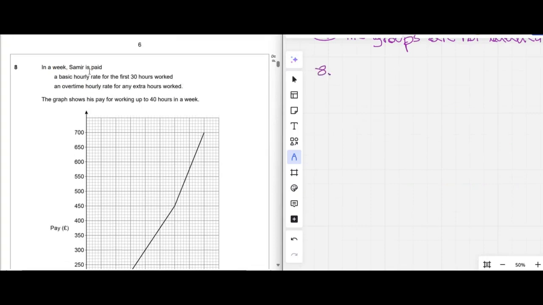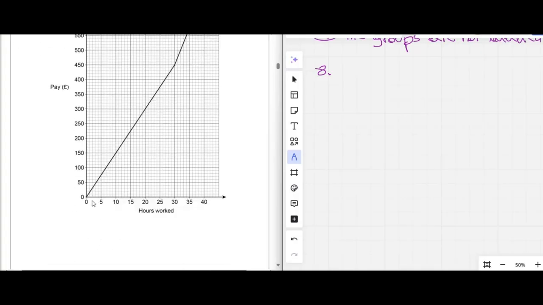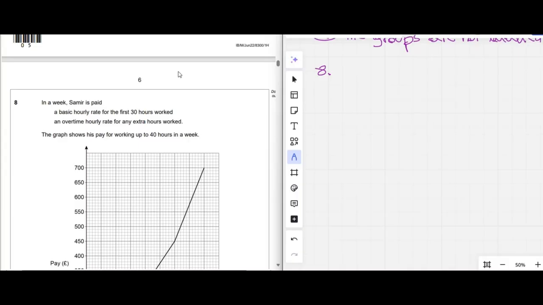In a week, Samir is paid a basic hourly rate for the first 30 hours worked and an overtime hourly rate for any extra hours worked. The graph shows his pay for working up to 40 hours in a week. So we have hours worked, and this is that 30, the first 30.